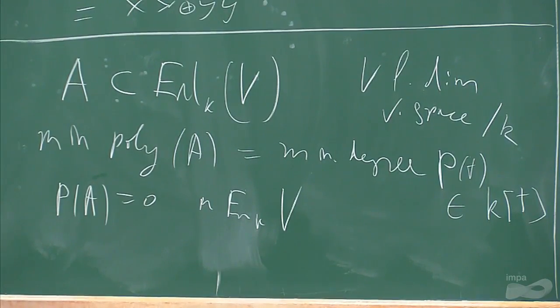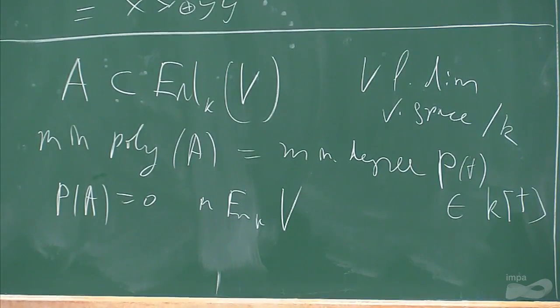Okay, now we define the same way for any K algebra. If A is a K algebra, in fact, you can think of a K algebra as sitting in its own endomorphisms. And then you define the minimal polynomial the same way.